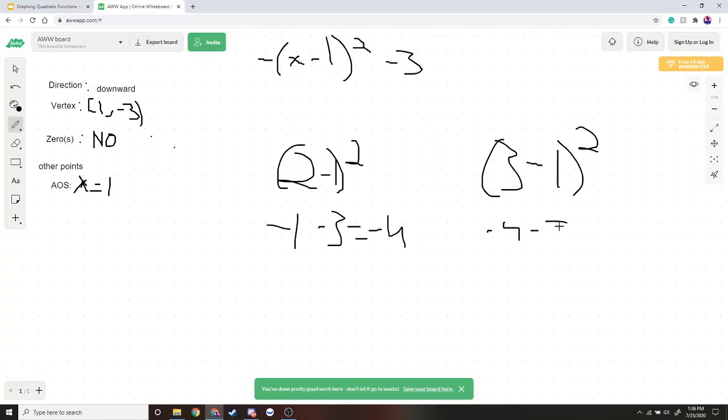And then subtracted by 3 is -7. So our two other points are, we plugged in 2 and got out -4, and we plugged in 3 and got out -7. So 2, -4 and 3, -7 are our points.